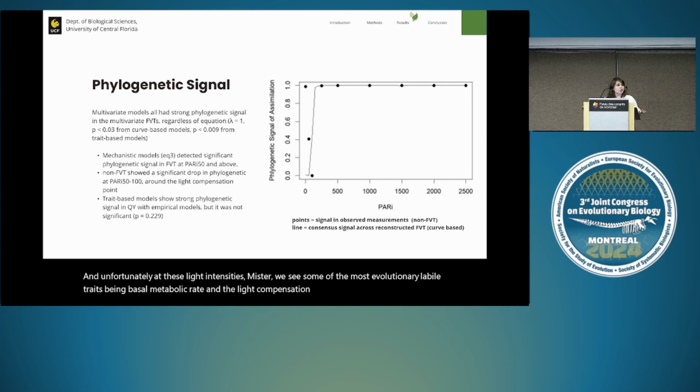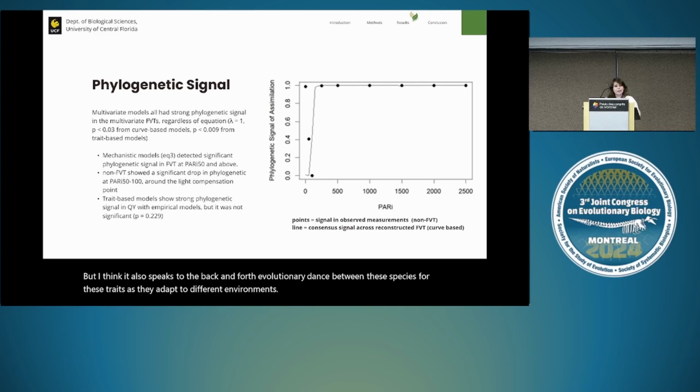Now, of course, this could speak to the inter- and intra-specific variation amongst these species. But I think it also speaks to the back and forth evolutionary dance between these species for these traits as they adapt to different environments.